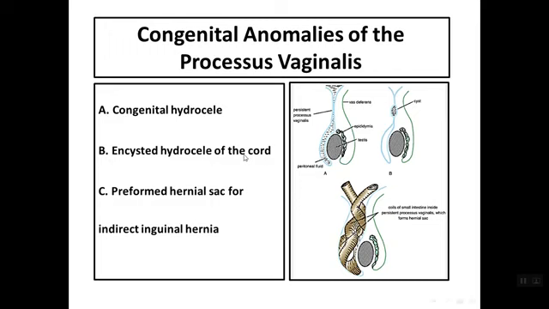So this congenital anomaly arises because there is a connection with the original peritoneal cavity.